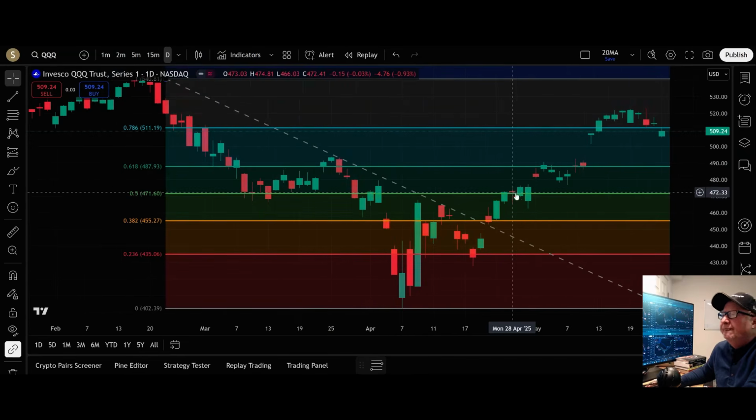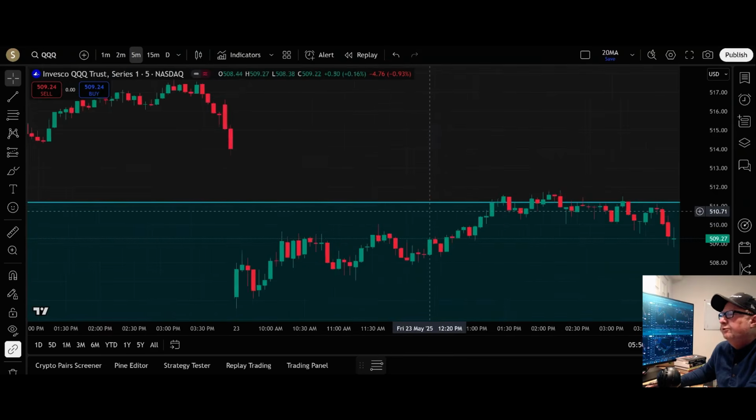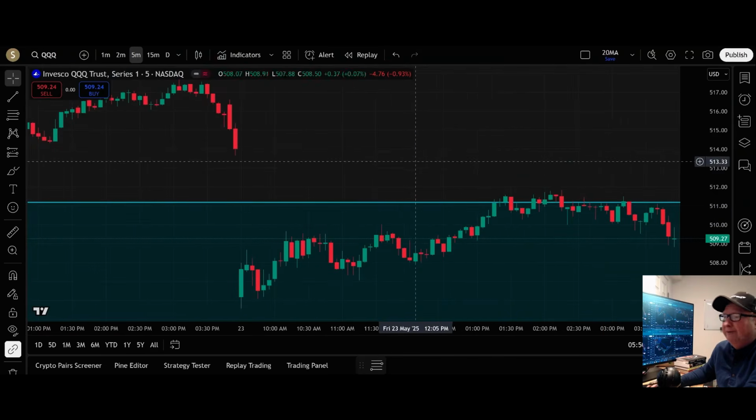It's been very helpful over the past month and a half to have these Fibonacci lines on the daily chart for reference for intraday trading, whether you're trading exactly off the Fibonacci lines or not. I'm going to drop down to a 5-minute chart to show you why it's helpful.